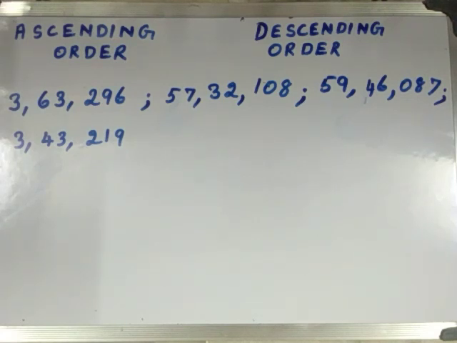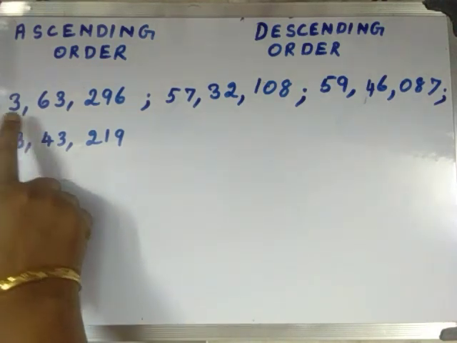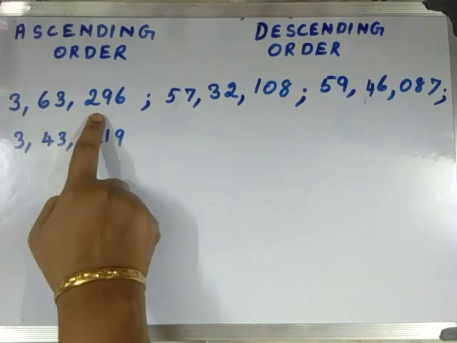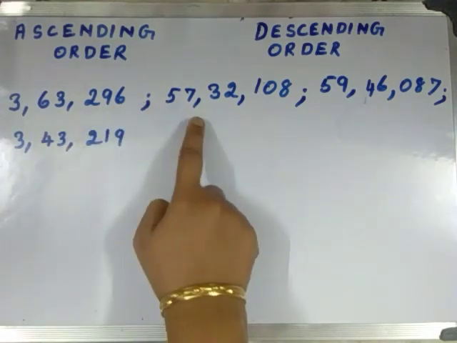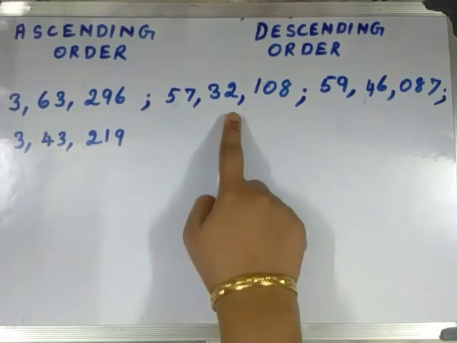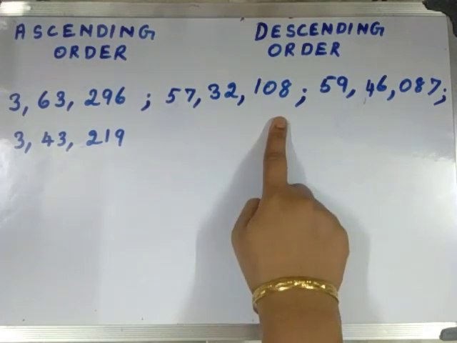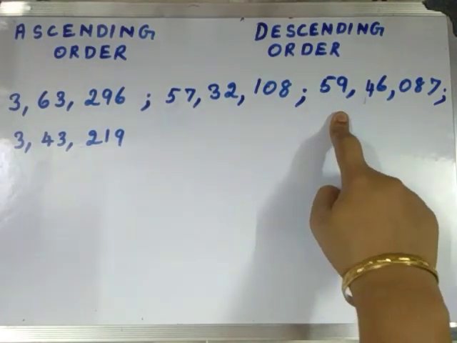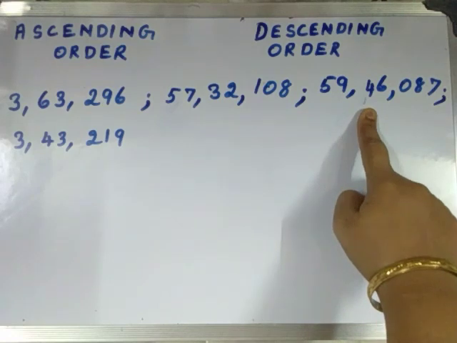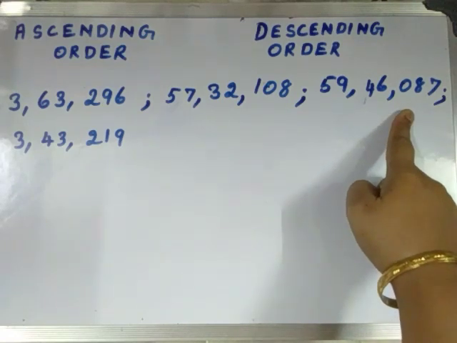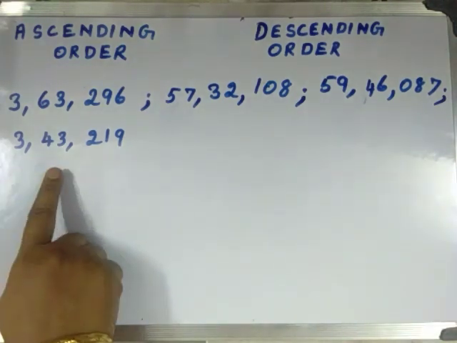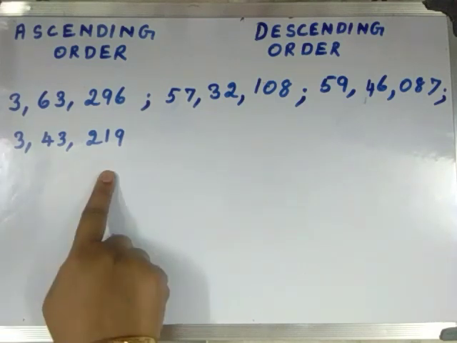First we have to find out how many digits each number has. Now let's see. The first number is 3,63,296, 57,32,108, 59,46,087, 3,43,219.